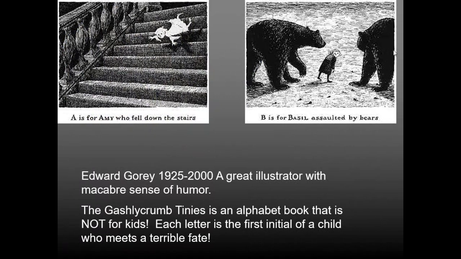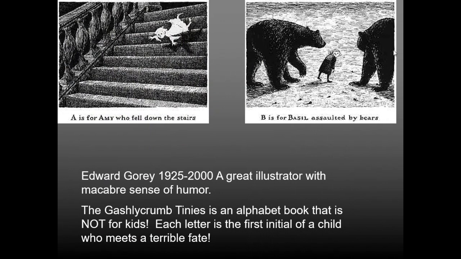Another illustrator who kind of masquerades as being more for kids but is really strictly for adults is Edward Gorey. His illustrations are pretty well known to your generation, I would think, but one of the books that you might be interested in has a very dark sense of humor, is known as The Gashlycrumb Tinies, and it reads like an alphabet book. It's 26 illustrations.